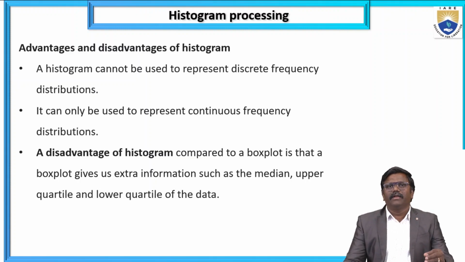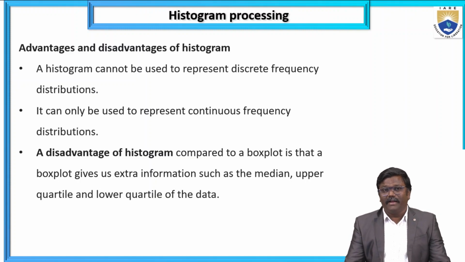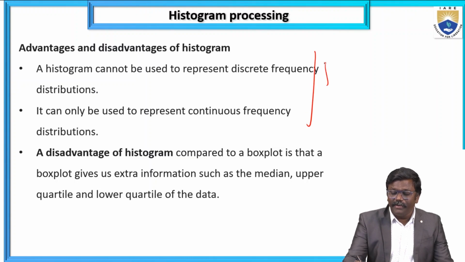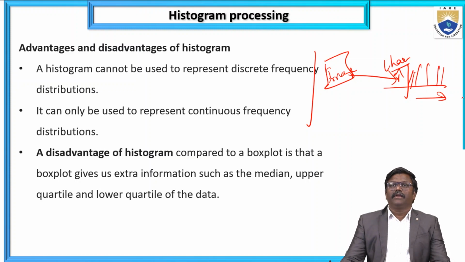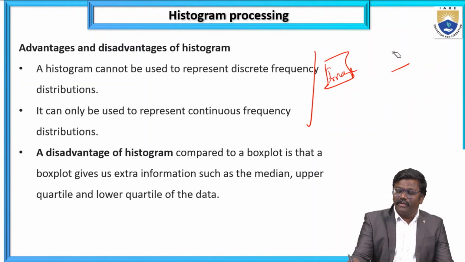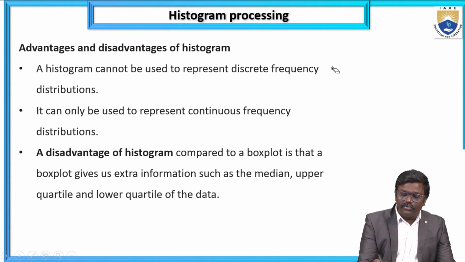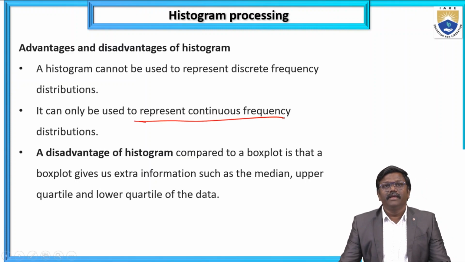From the advantage point of view, a histogram cannot be used to represent discrete frequency distributions, but it can be used to represent continuous frequency distributions, because the image we consider has characteristics that vary continuously. Such continuous variation of characteristics is used in terms of continuous frequency distributions.